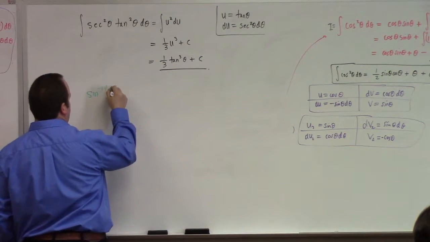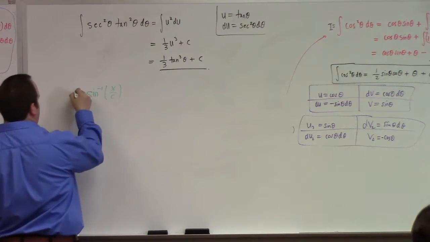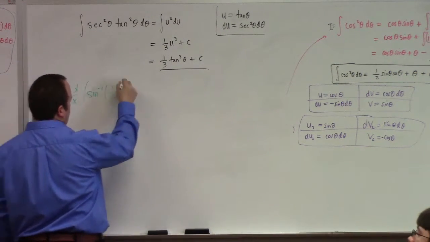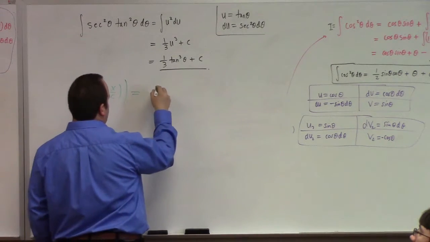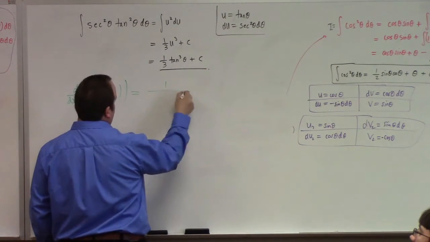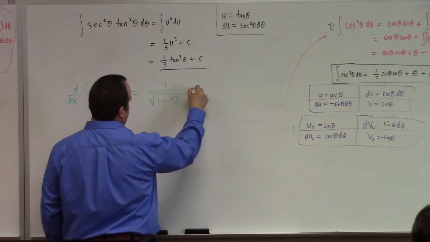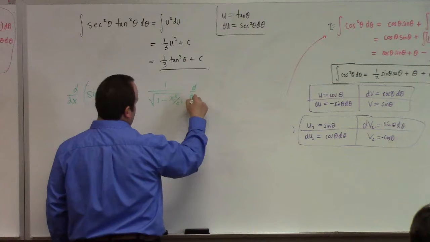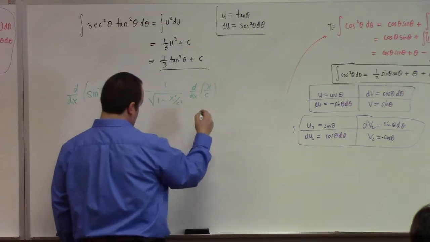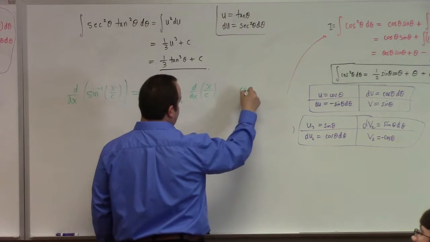Inverse sine of x over c. Let's talk about that piece. The way to do that is that's basically 1 over the square root of 1 minus x squared over c squared times the derivative with respect to x of x over c, right? So this is the chain rule.